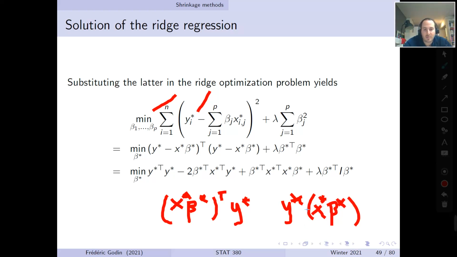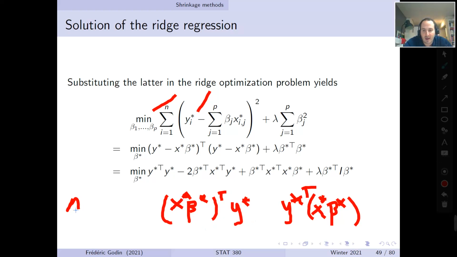These two terms are exactly the same, because this guy here is 1 by 1. It's a row vector times a column vector, so it's 1 by 1. So if you transpose this guy, you still get the same thing.